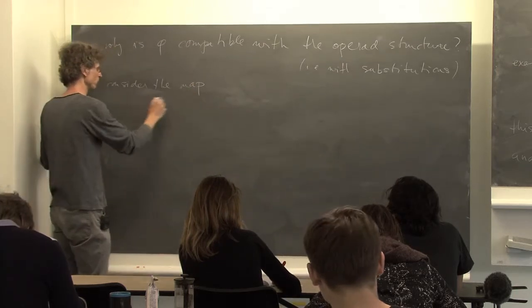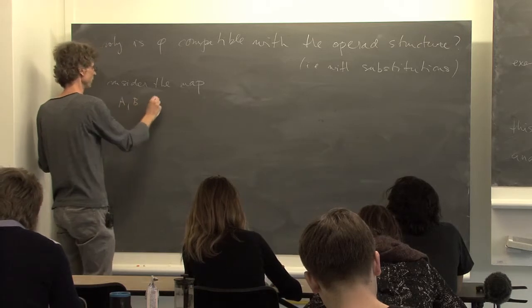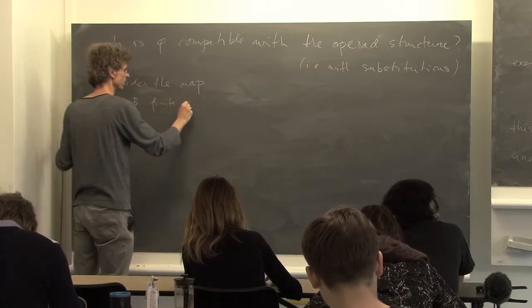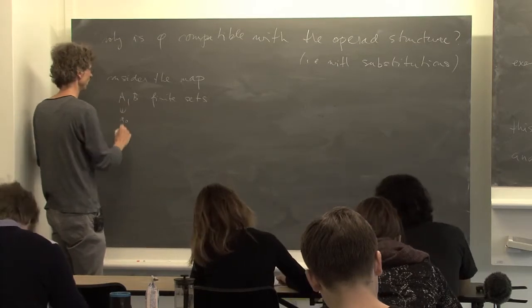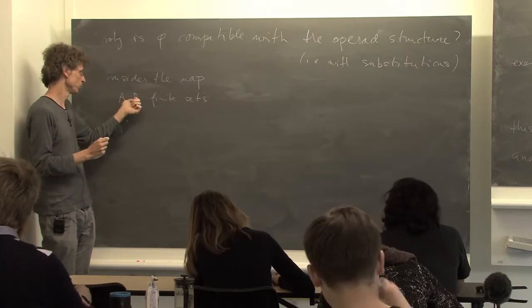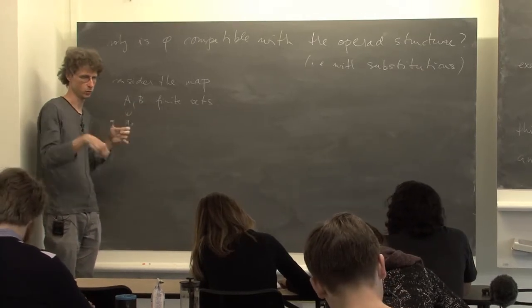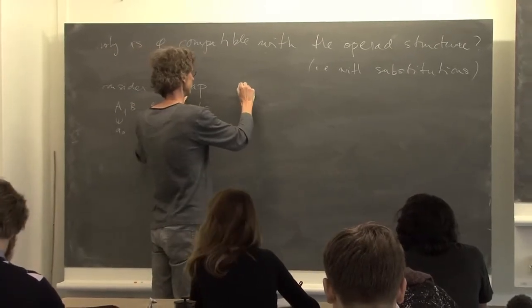Say A, B are finite sets. We take some A0 here, and we want to substitute B for that A0.